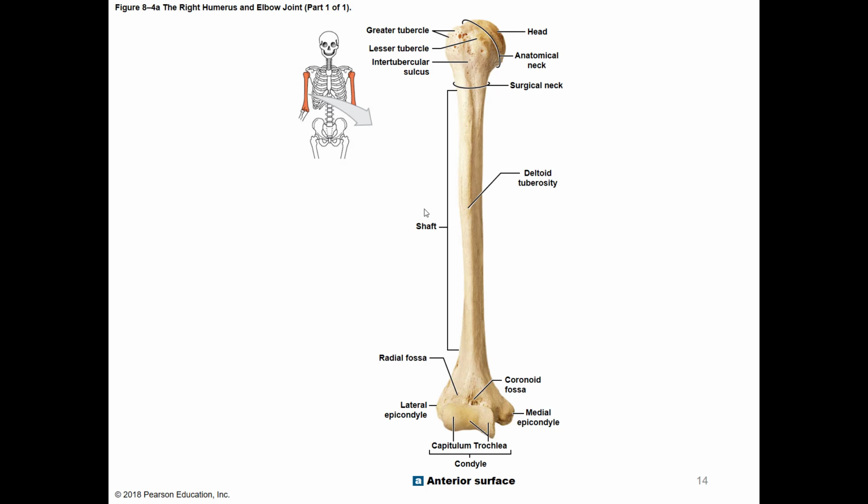The humerus is a long bone, going back to Chapter 6, and it's highlighted here. There is a head on the humerus that will attach to the glenoid cavity. And then down at the other end of the humerus, this is where the elbow joint is going to form with the bones of the forearm.